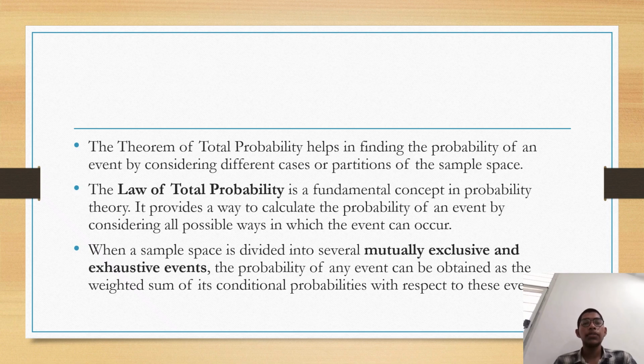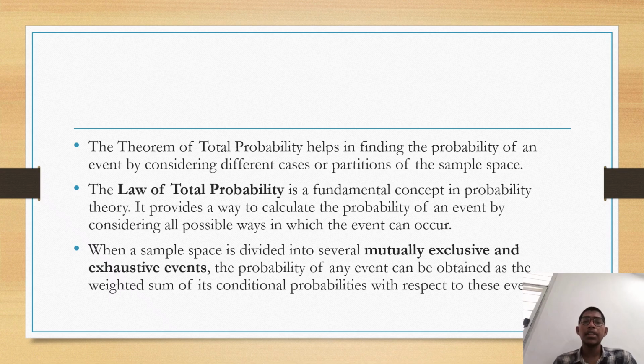The theorem of total probability helps in finding the probability of an event by considering different cases or partitions of the sample space. The law of total probability is a fundamental concept in probability theory. It provides a way to calculate the probability of an event by considering all possible ways in which the event can occur.